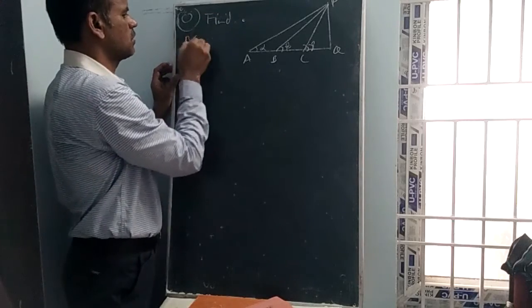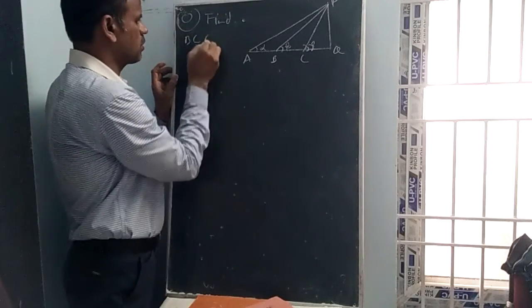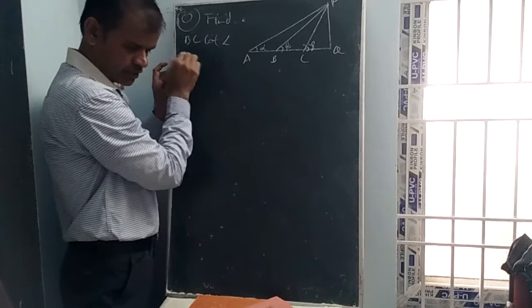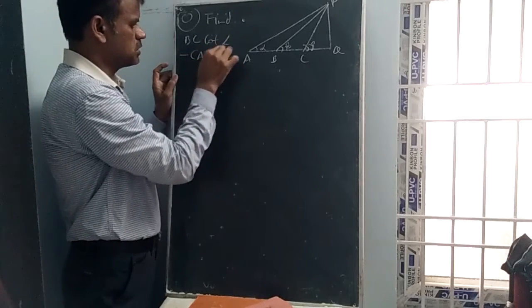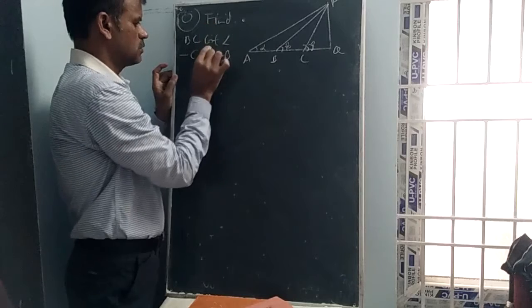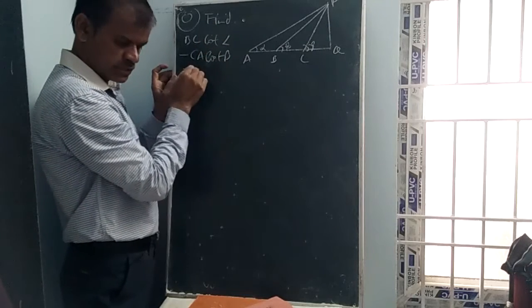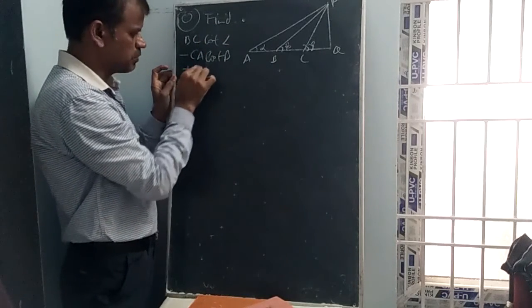We should calculate BC cot alpha minus CA cot beta plus AB cot gamma.